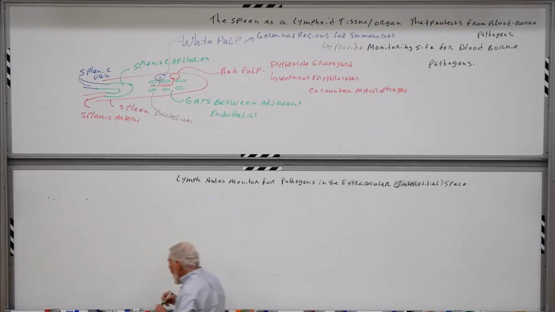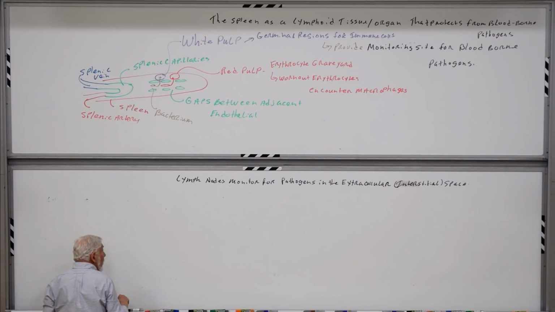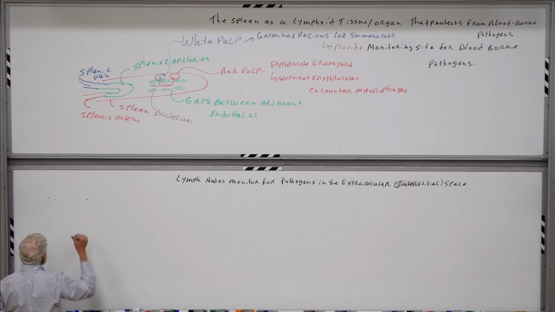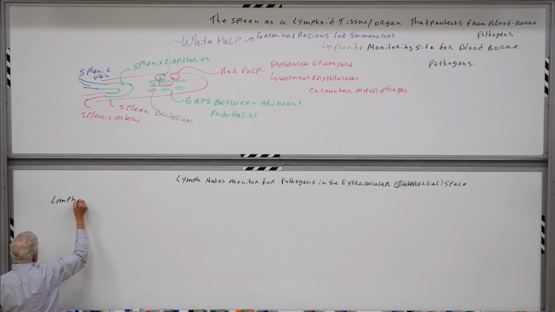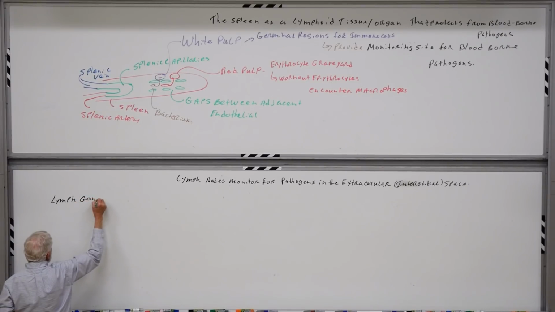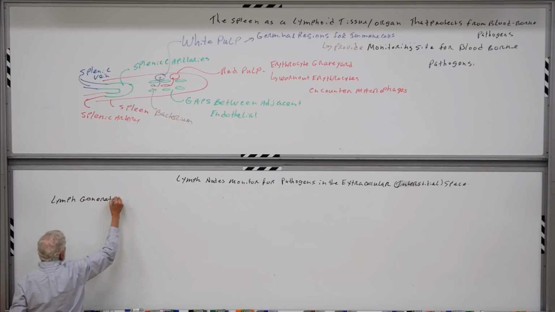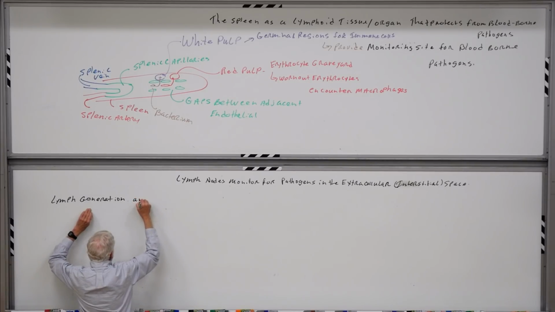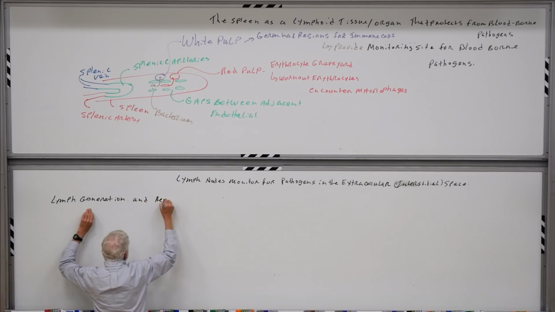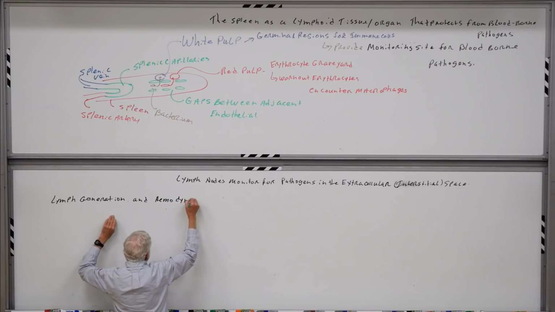To understand how that works and how this can be, we have to start first with the ideas of lymph generation. And I'll take this portion of the panel and describe it as lymph generation and hemodynamics.